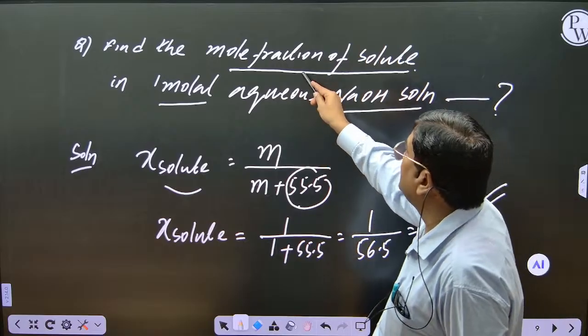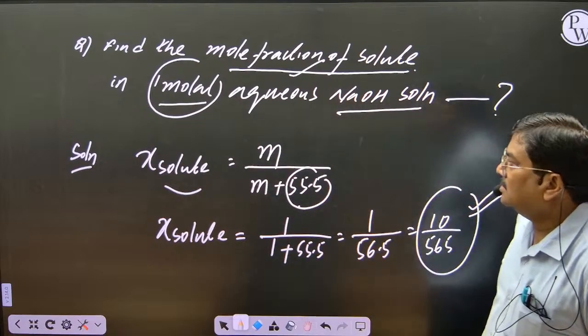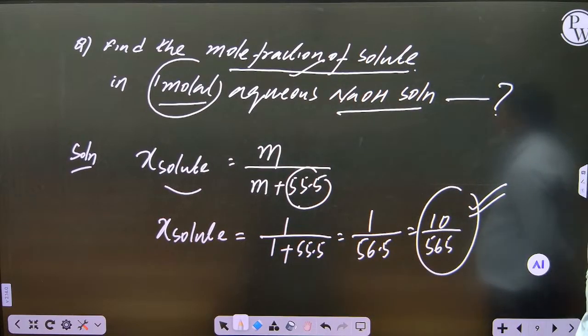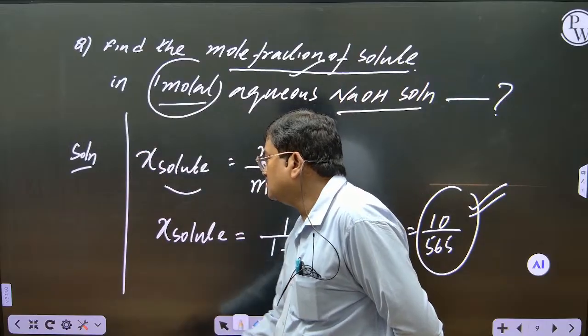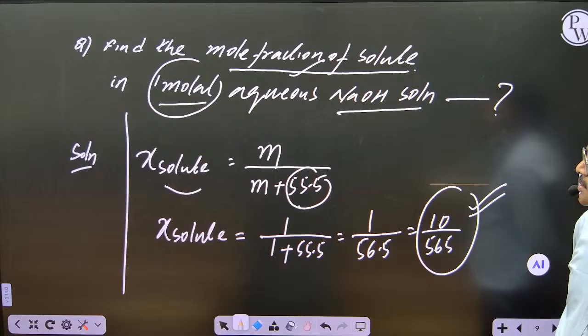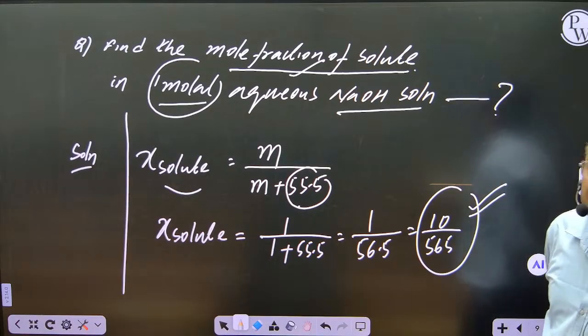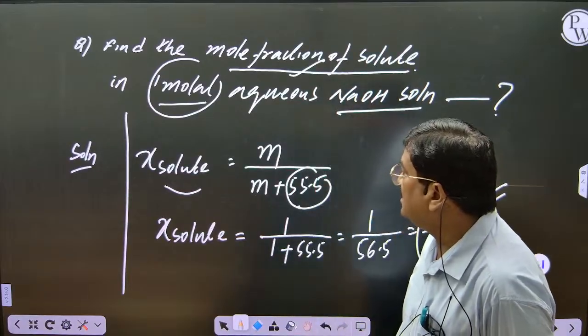Mole fraction of solute they will ask you, and they give molality. Clear, students? Are you following our notes? So this is the relation between mole fraction of solute and molality.